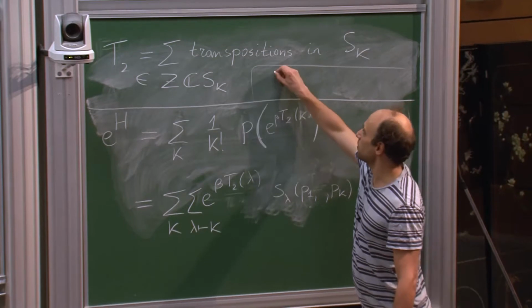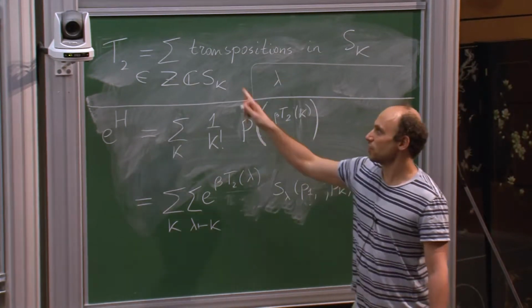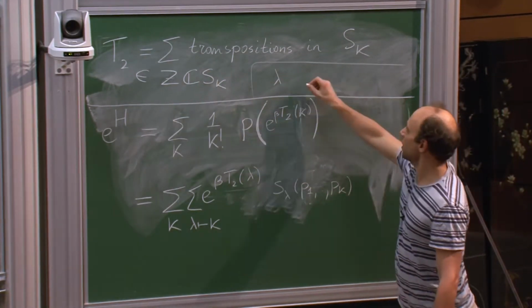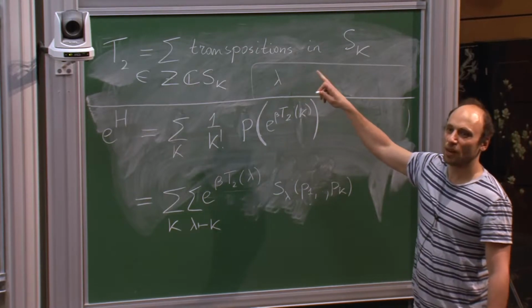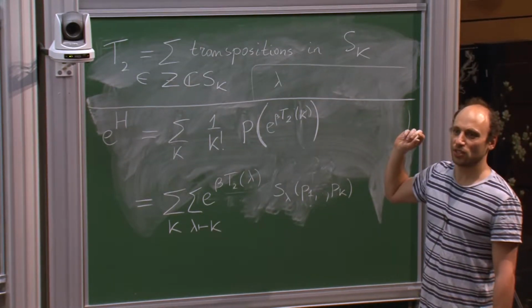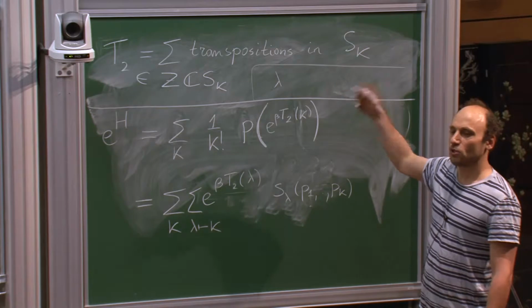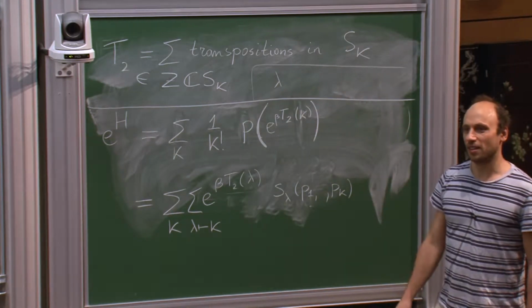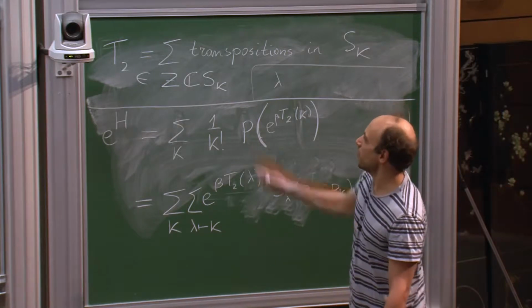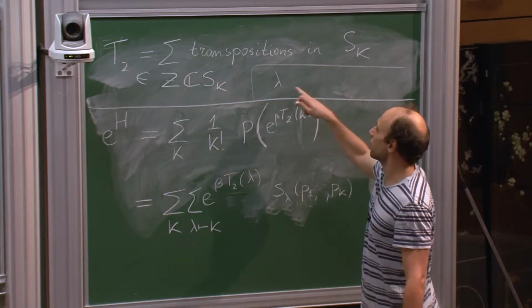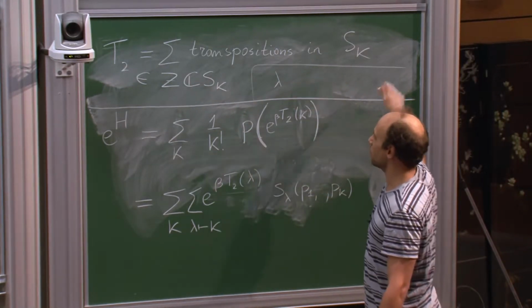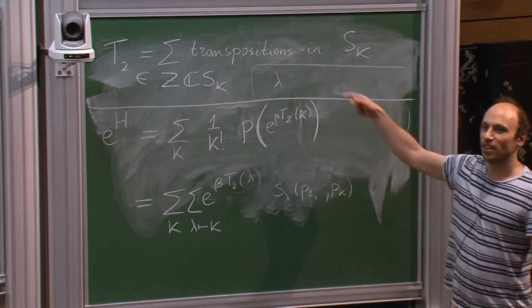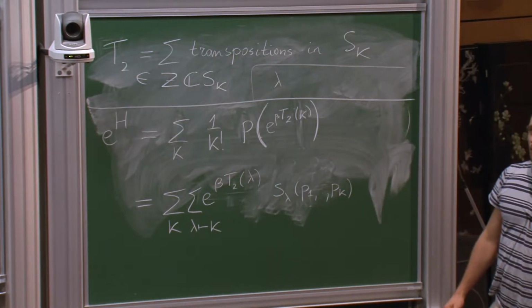For every representation lambda, there's an element in here that acts by 1 in representation lambda and by 0 in all other representations. And then if I raise it to powers, I get the same elements over and over again. So in general, if I want to raise an element to a power, I should look at its action in every irreducible representation and raise it to the corresponding power.